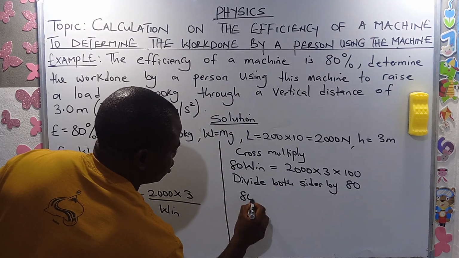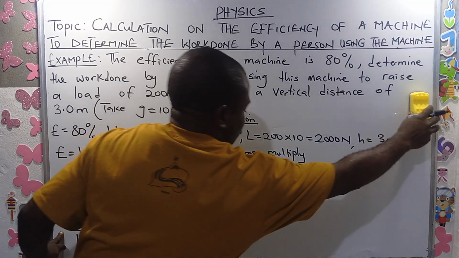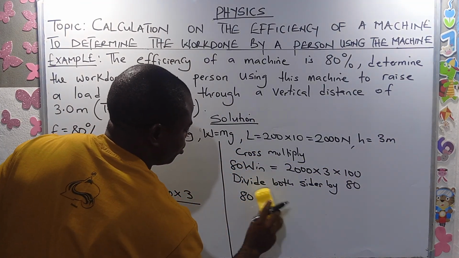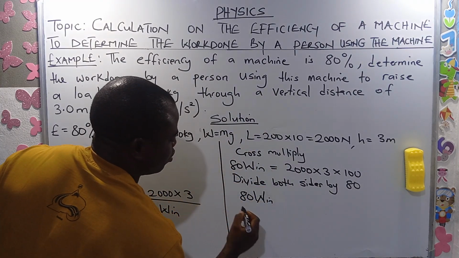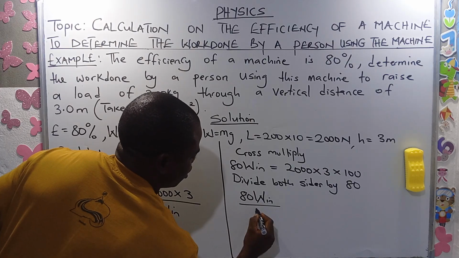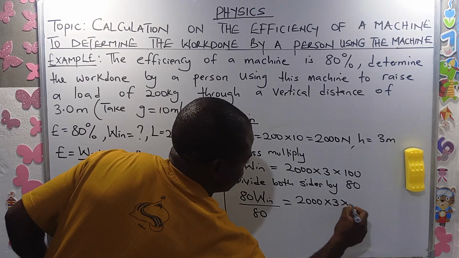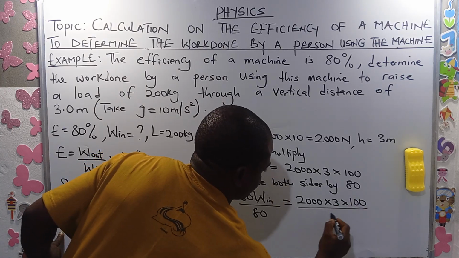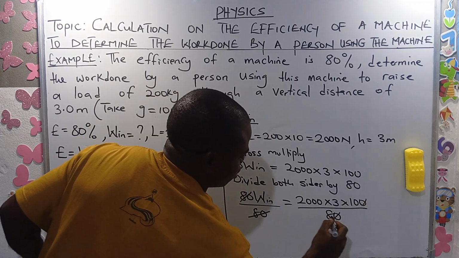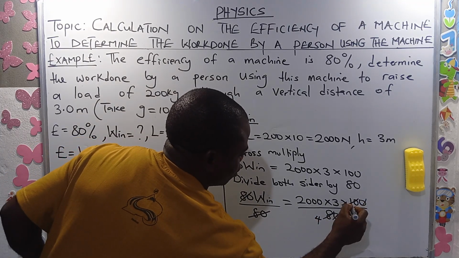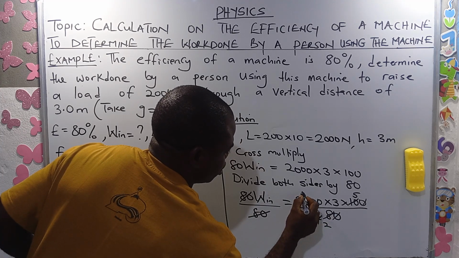When you write work input, let your W be very big and the IN small. Work input divided by 80 equals 2000 times 3 times 100 divided by 80. 80 cancels 80, 0 cancels 0, 2 in 8, 4, 2 in 10, 5, 2 in 4, 2, 2 in 20, 10.